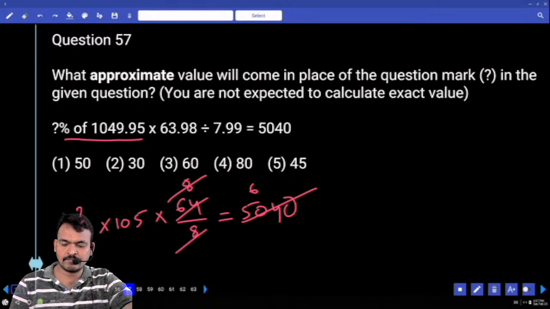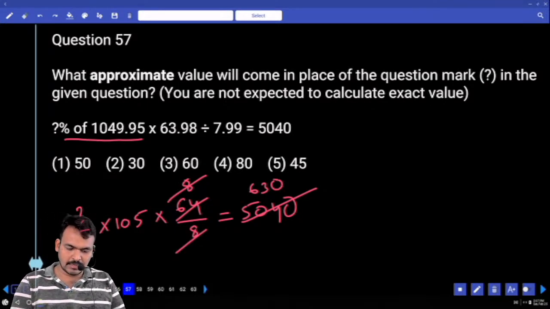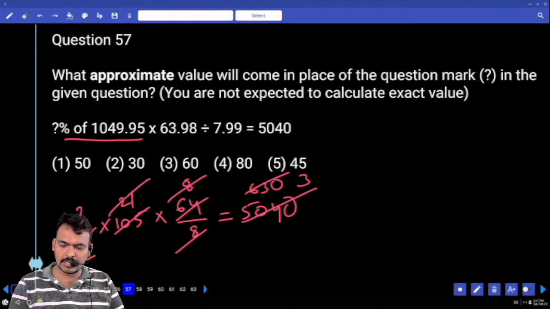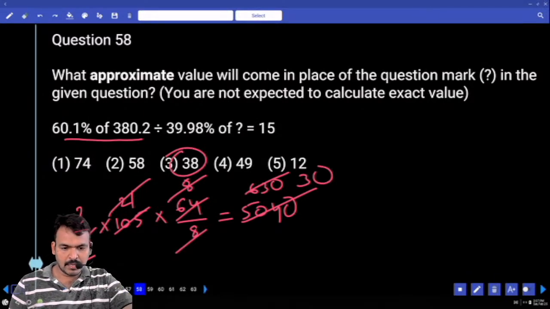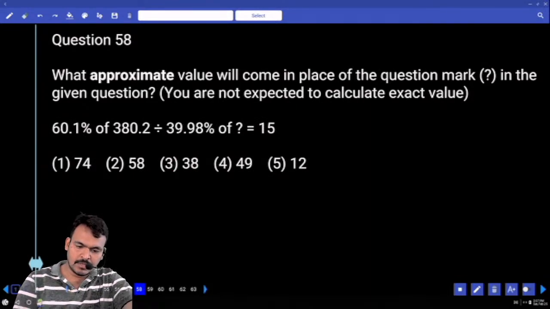What is the remaining? 24 means 30. Okay, 105 and 630. 5 how many times? 2 times. 5 how many times? 21. And 21 almost 30 times. Then answer 60.